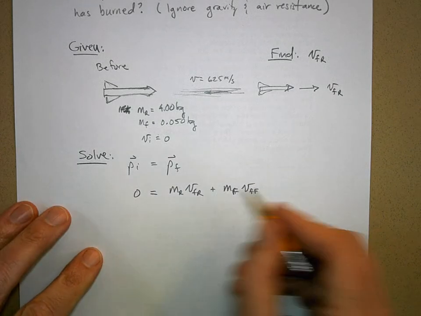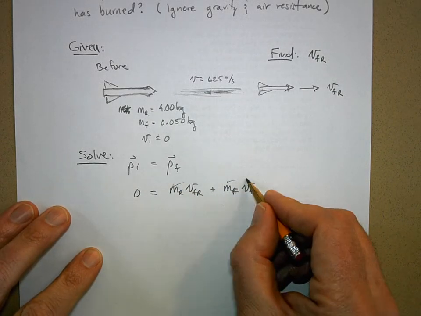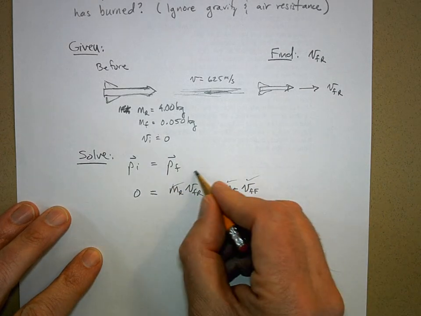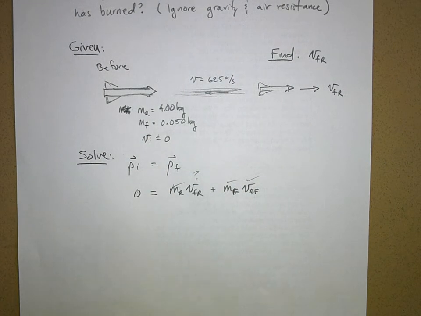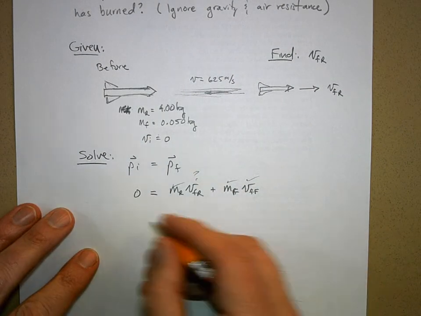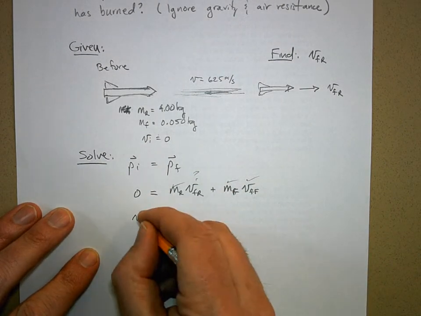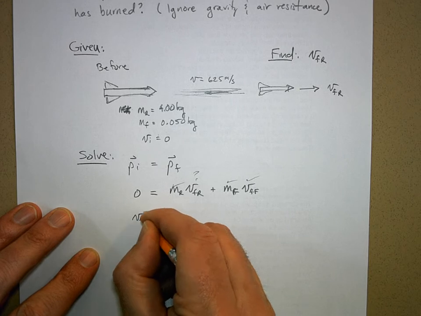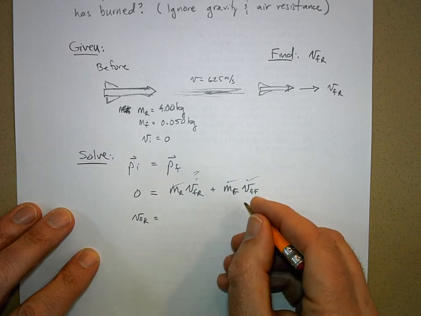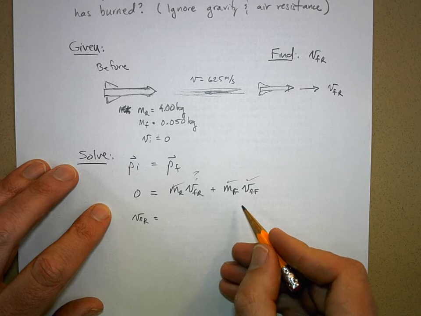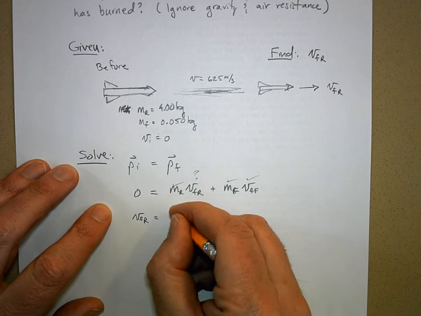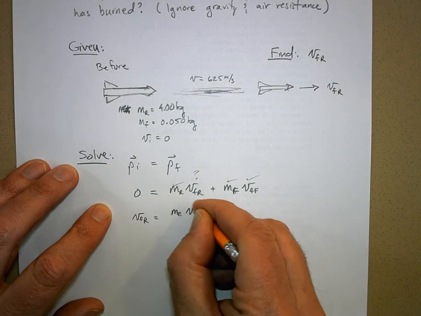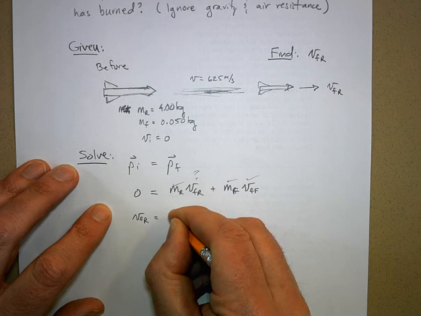And so now I know the mass of the rocket, the mass of the fuel, and the final velocity of the fuel. All I've got to do is solve for that. And that's where you get that equation in the back of the book. When you look in the back of the book, they say the final velocity of the rocket is equal to, well, you bring the mass of the fuel times the final velocity of the fuel.